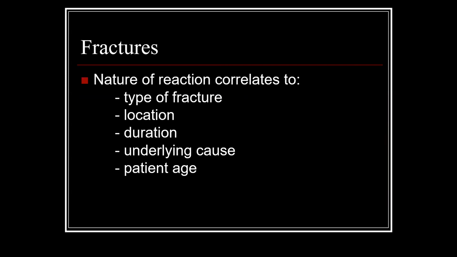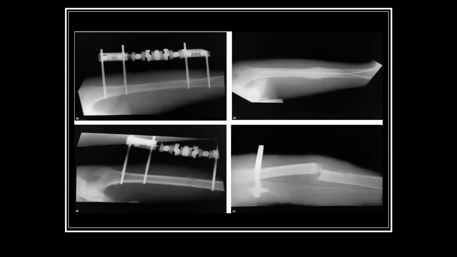In terms of evaluating fractures, which you don't necessarily have to do very frequently, but sometimes they can masquerade or be submitted as potential lesions. It's important to recognize that the nature of the reaction that you will see depends a great degree on the type of fracture, how long it's been there, what the underlying cause was, and the patient's age and how robust their healing response is going to be.